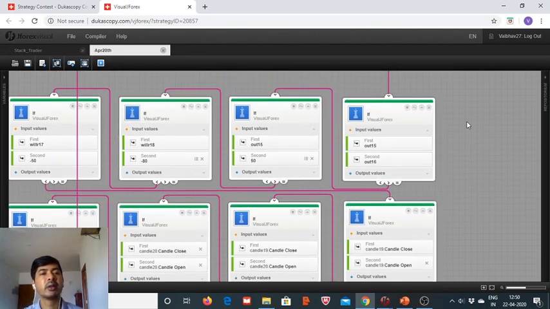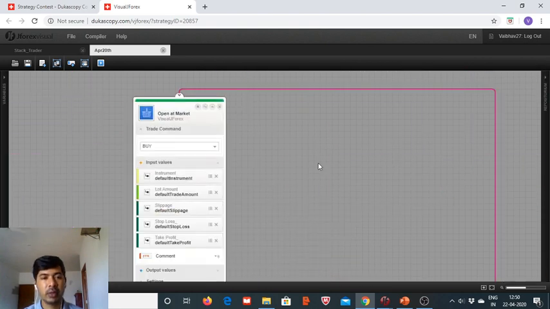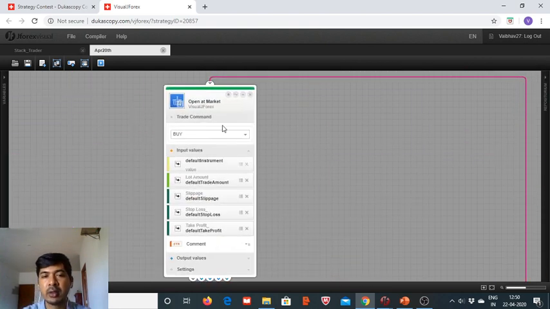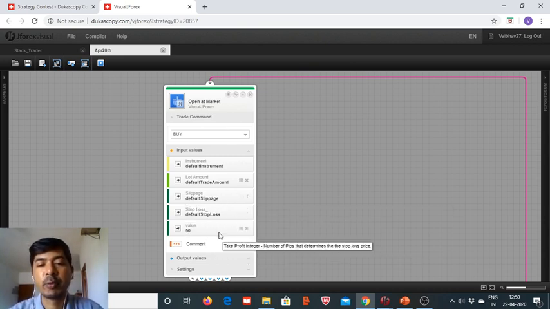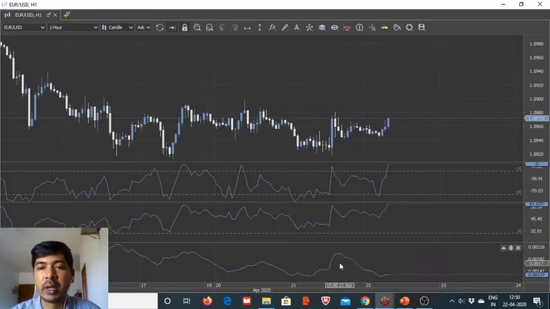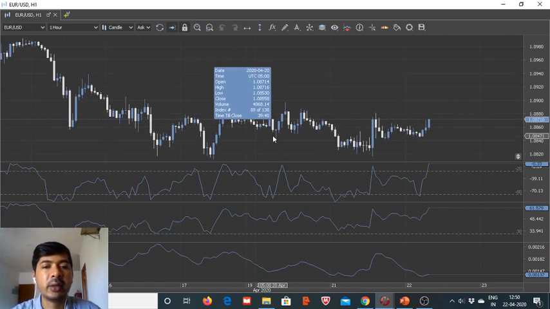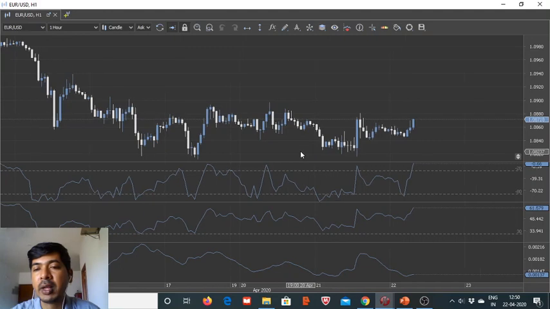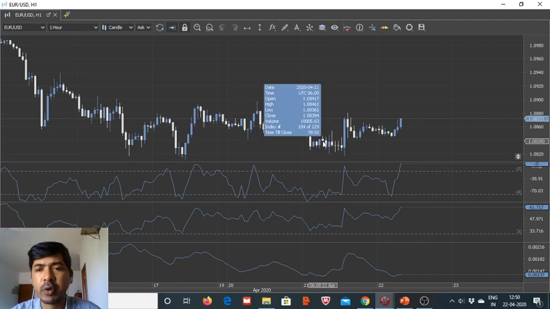Now let's start on our remaining setup. Here I had just connected this open at market, and we had not defined the stop loss and the take profit, which we are going to do today. But as we have looked at the possibility of getting a more optimum entry and exit, it will be better if we go for a pending open rather than a market open.